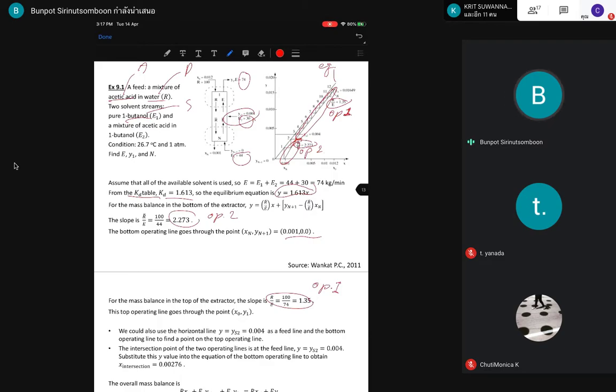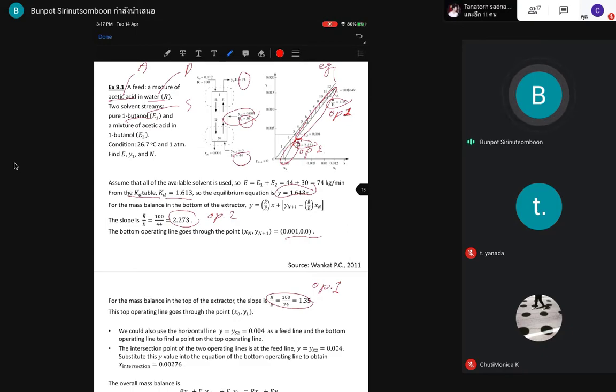We want to draw the line for operating line 1. So we get the slope, then next you want to find 1 point for operating line 1, so then you can draw the line for operating line 1.